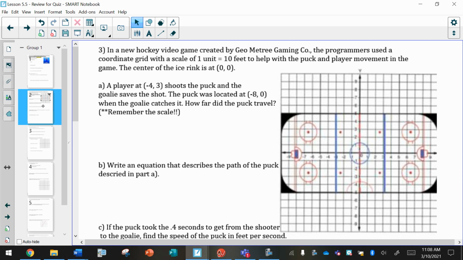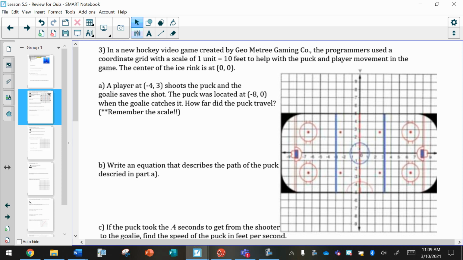A player at position point -4, 3 shoots the puck and the goalie saves the shot. The puck was located at -8, 0 when the goalie catches it. How far did the puck travel? And don't forget the scale is 1 square equals 10 feet. So what do we know? Well, the player is at position point -4, 3.